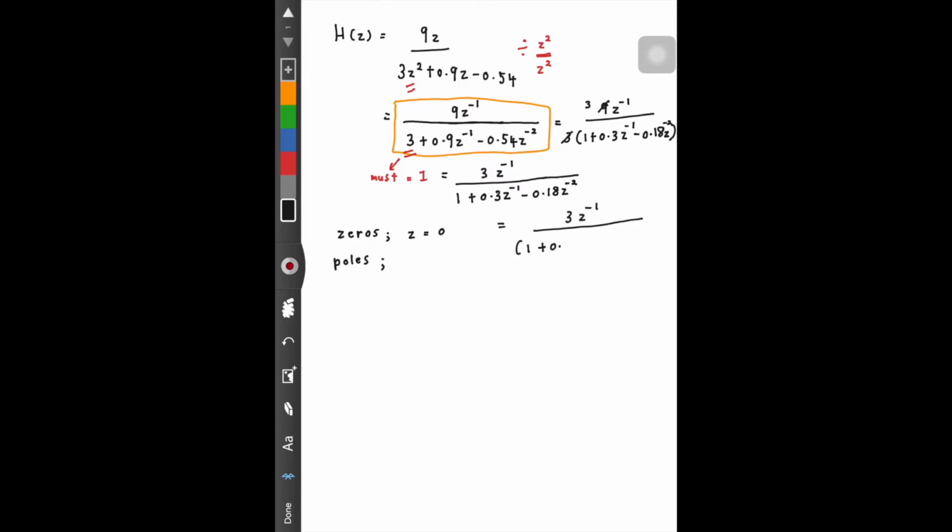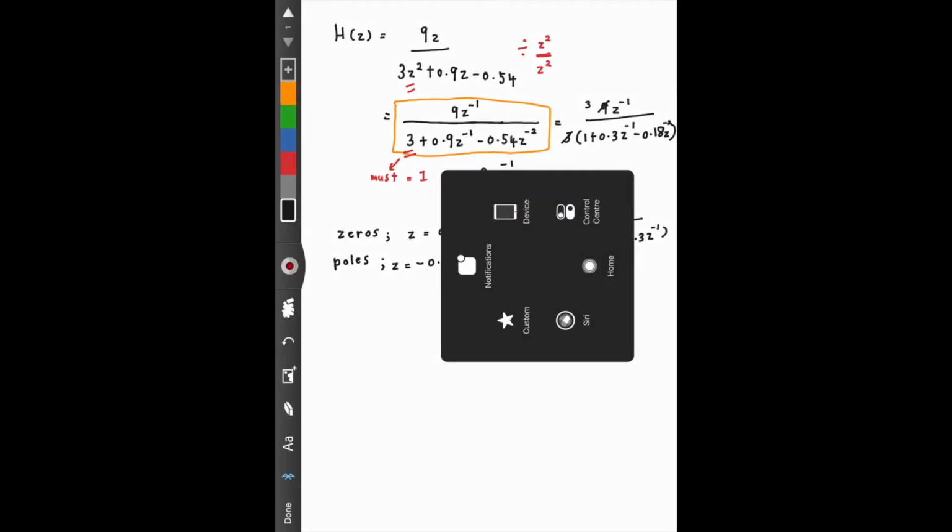You will have 1 plus 0.6 z minus 1, and then 1 minus 0.3 z minus 1. So your poles equal to minus 0.6 and 0.3. Okay, so done for part 1.